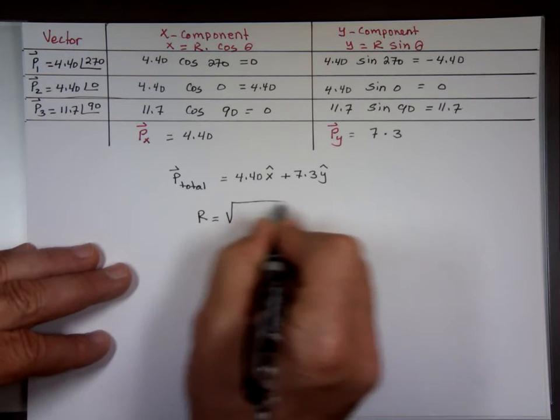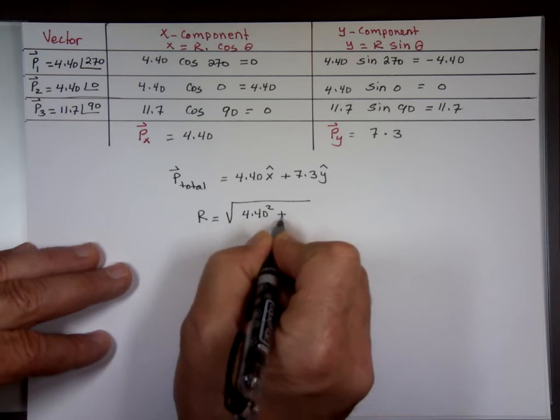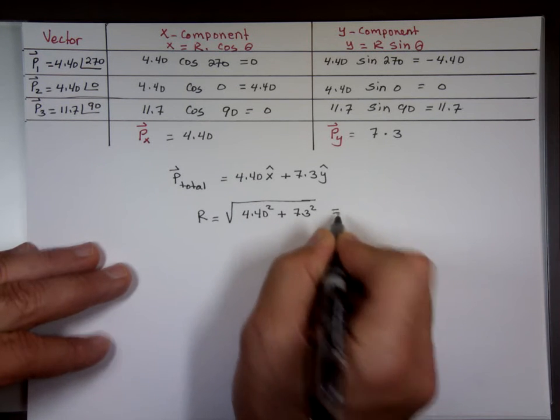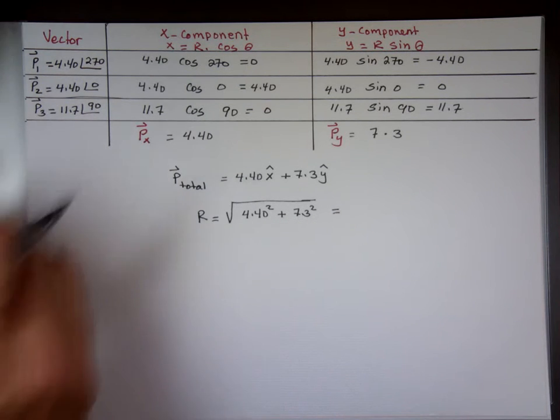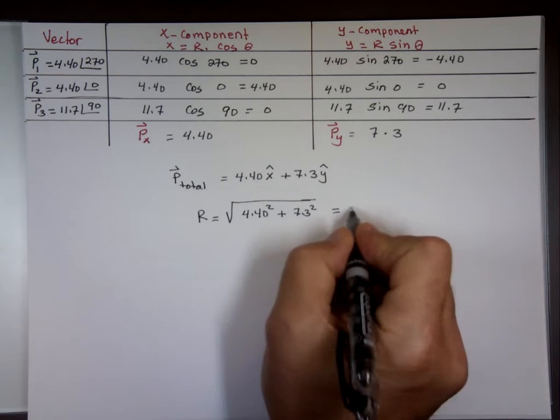It's to take the x value, square it, add to it the y value squared. You take the square root of that. 8.5. 8.52.